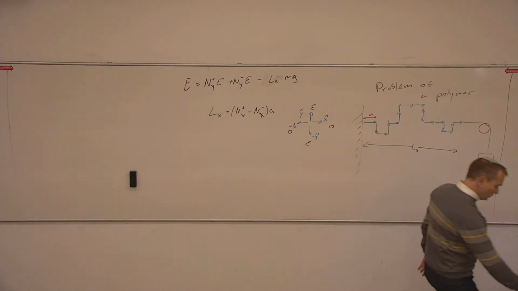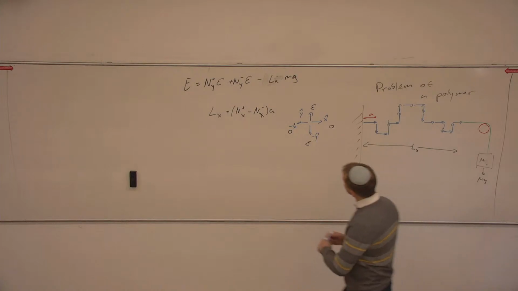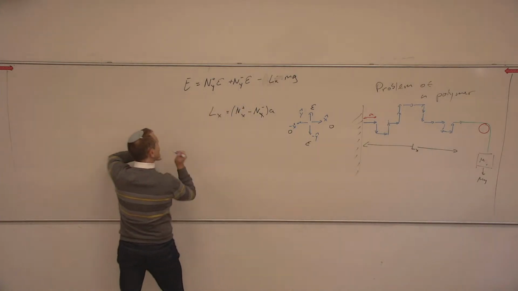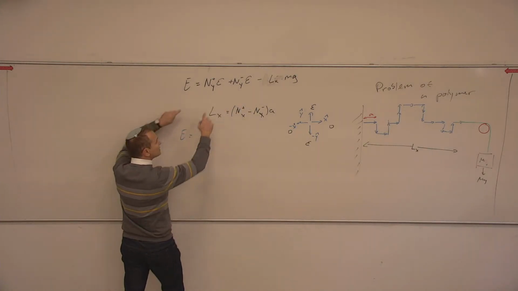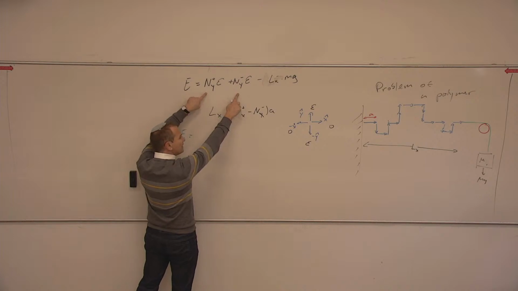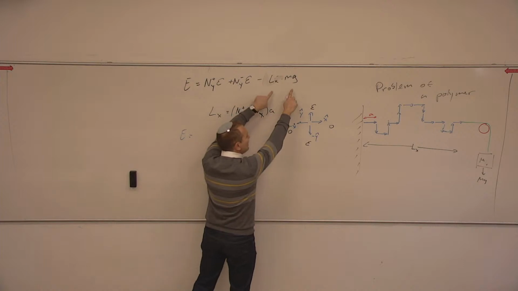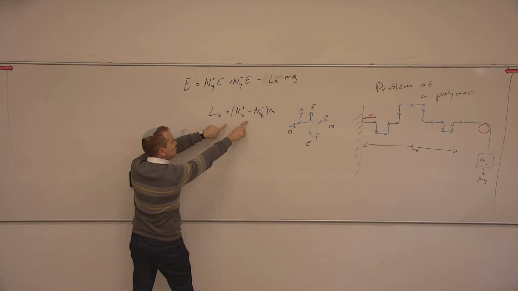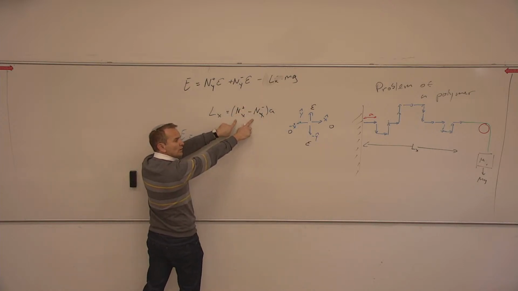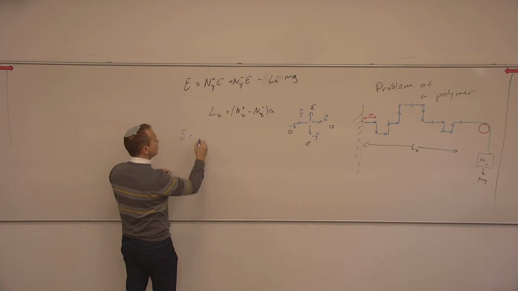So what we notice when we write the energy like this is that it's not just the sum of the energies of all the different monomers. There is something else, and this something else contributes an additional term that also depends on the different orientations of the different monomers. So let's write it down.